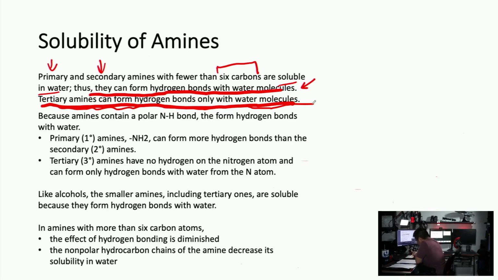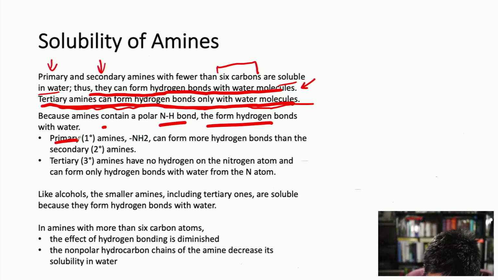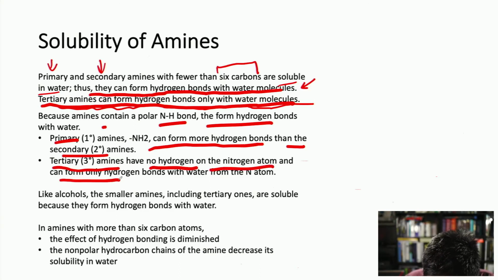Because amines contain a polar NH bond, they can form hydrogen bonds in water. So primary amines can form them with water, secondaries can form them too, but primary amines can form more hydrogen bonds than secondary amines can. But tertiary amines have no hydrogen on the nitrogen atom and can only form hydrogen bonds with water from the nitrogen atom.